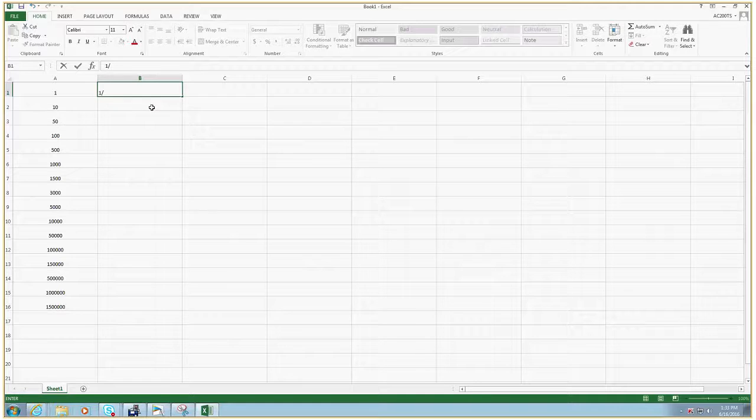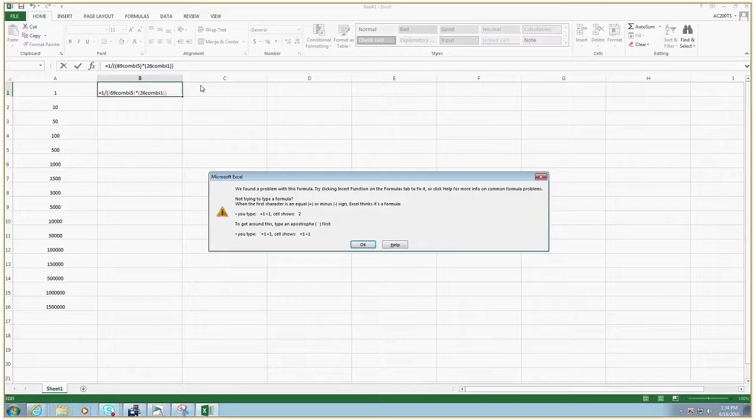Divided by, parentheses, that'd be, what'd you say, 69? Oh, I gotta put an equal sign, I'm sorry. Equals 1 divided by, parentheses, 69, combi, 5, times, I better put another set of parentheses, times, parentheses, 26, combi, close parentheses, close parentheses. That comes out to be, oops, it didn't like that.